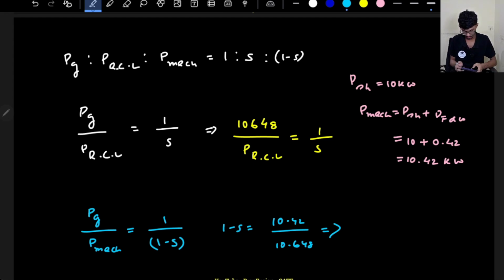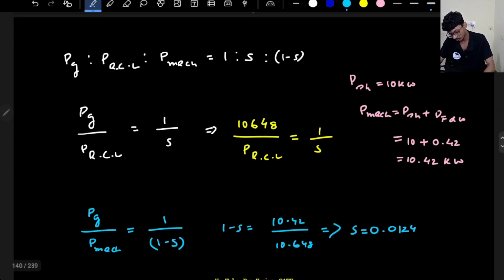So 10420 divided by 10648, and S comes to 0.0214. That will be the value of the slip, right? Okay, I have found my slip. So from here I can find out the rotor copper loss.